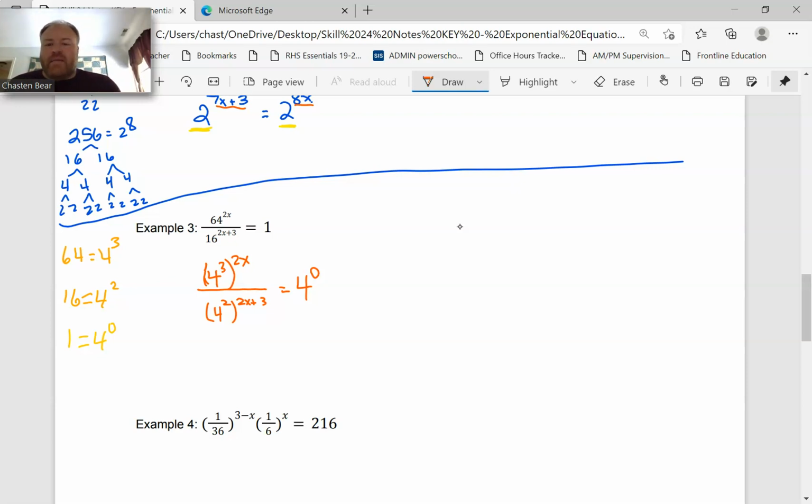So now I'm going to apply my power to a power property. So on the numerator, I take the 3 times the 2x. So I'm going to have 4 to the 6x. In the denominator, I'm going to take this 2 and distribute it to 2x plus 3. So I have 4 to the 4x plus 6.